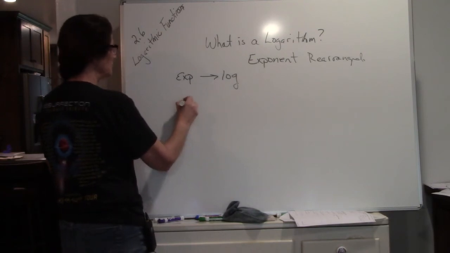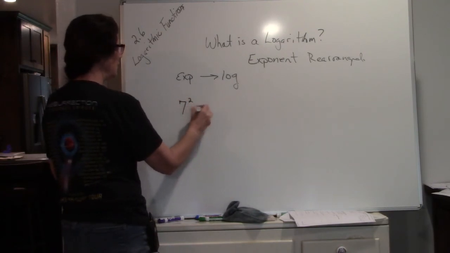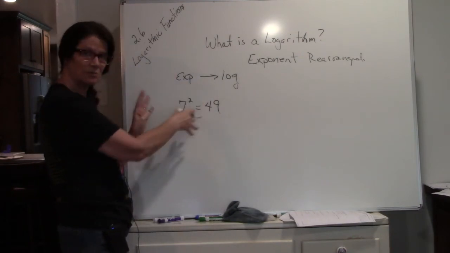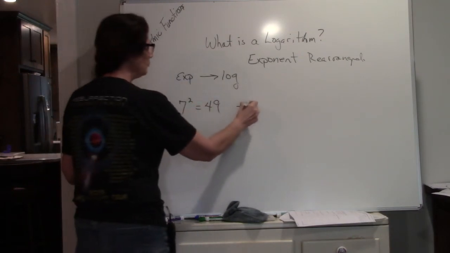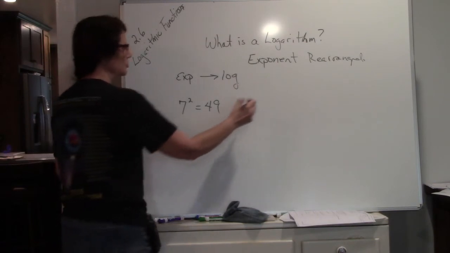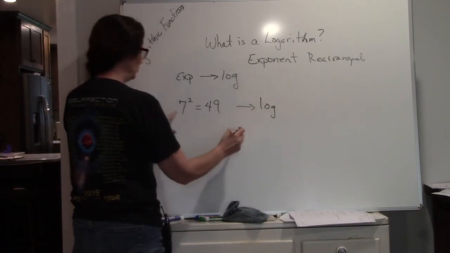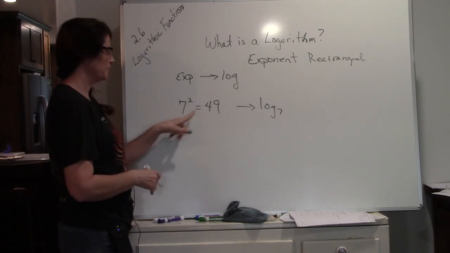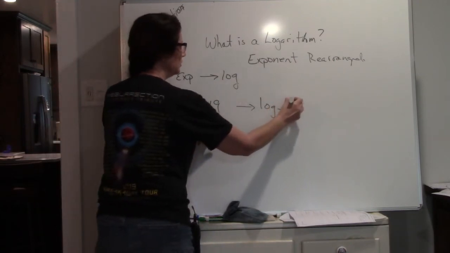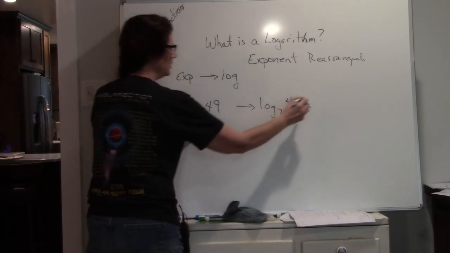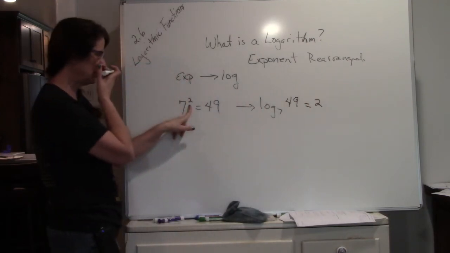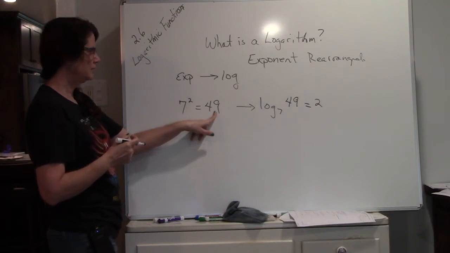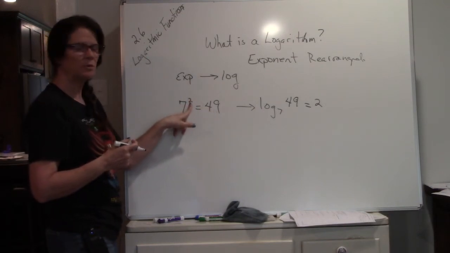So I have 7 raised to the second power equals 49. In My Math Lab, they're going to give you something like this. You have to change it into a log. So log base 7, so it's in the subscript, of the total equals the exponent. Okay, log base 7 of 49 equals my exponent.